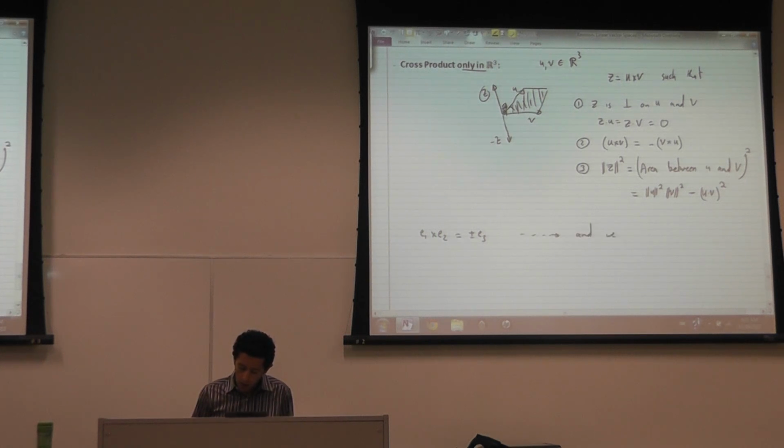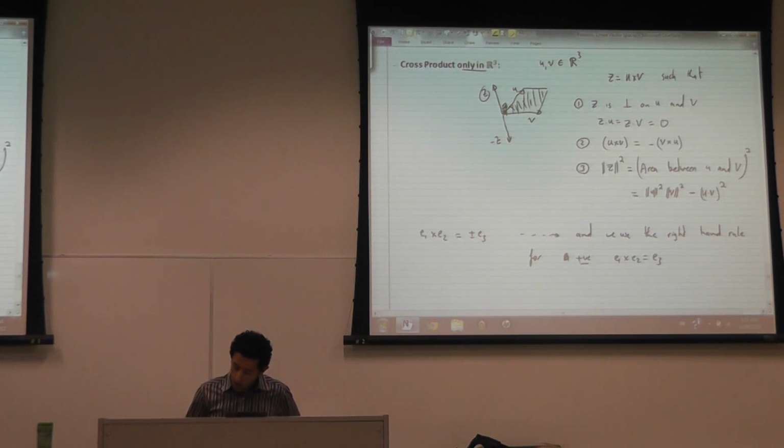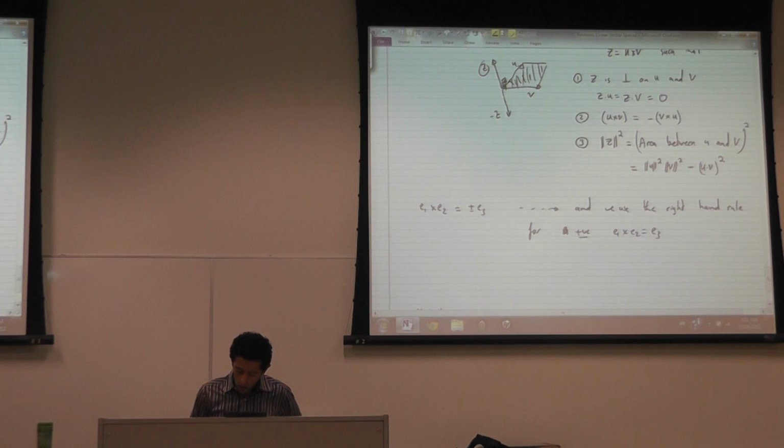And we use the right hand rule for positive E1 cross E2. I choose the positive when the bases form a right hand rule, where this is E1, E2, and E3.